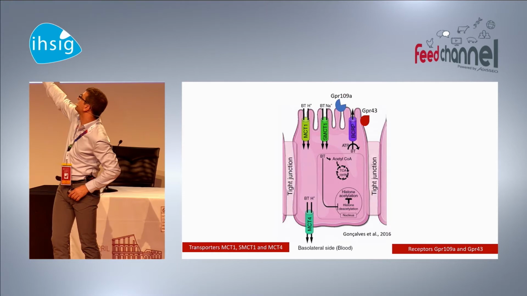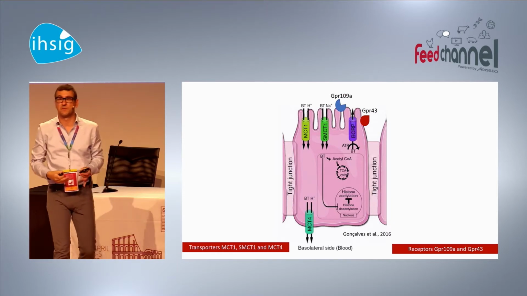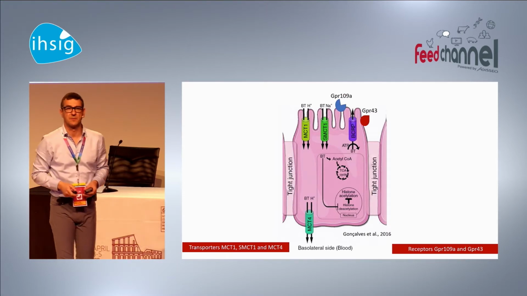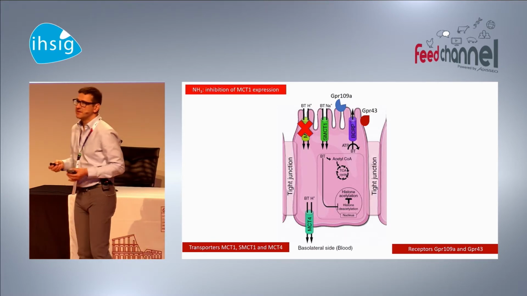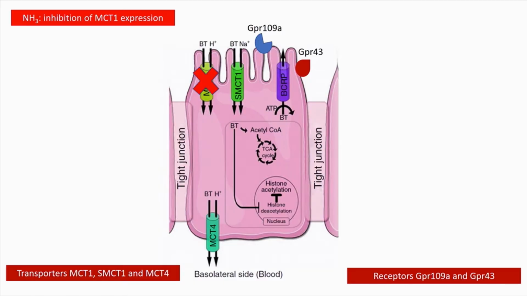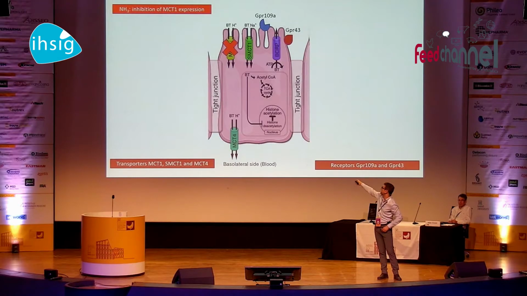You also have receptors. These are receptors for butyrate amongst some other small molecules. And what is happening is that compounds such as ammonia, produced under challenged conditions, block expression of these transporters. Hydrogen sulfide blocks beta oxidation.